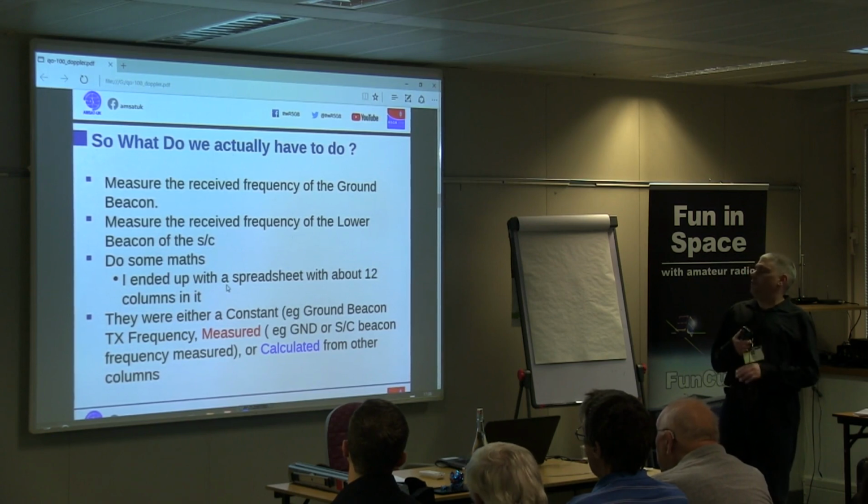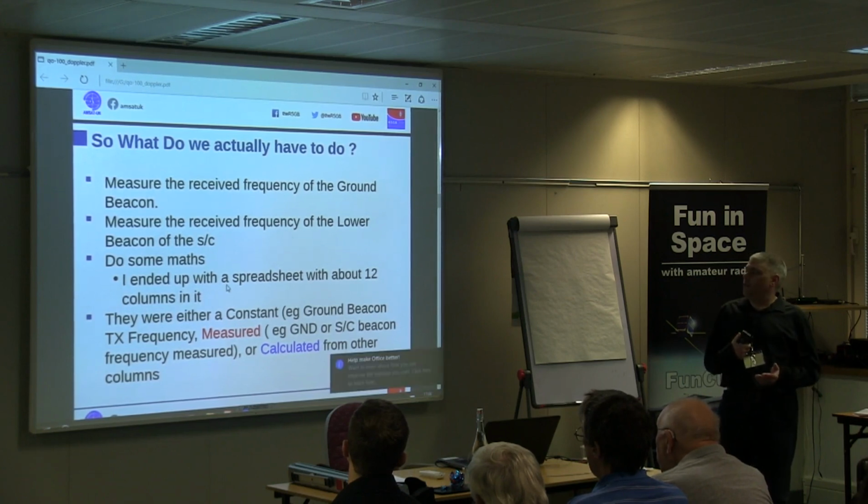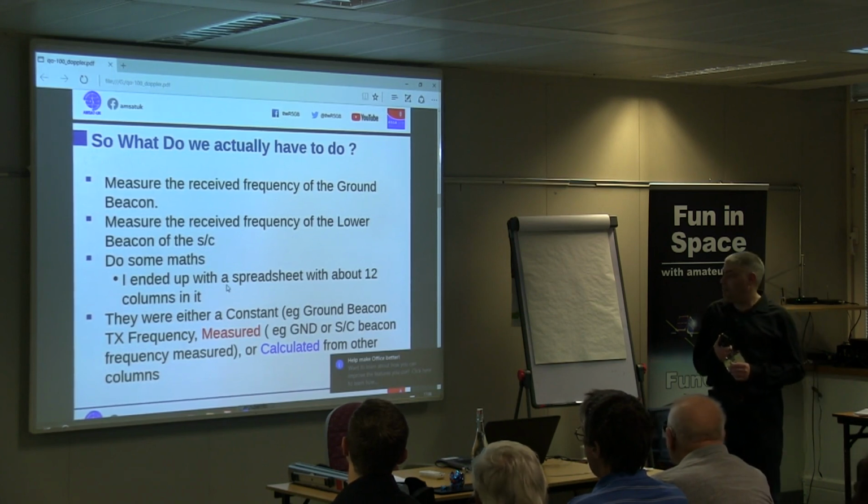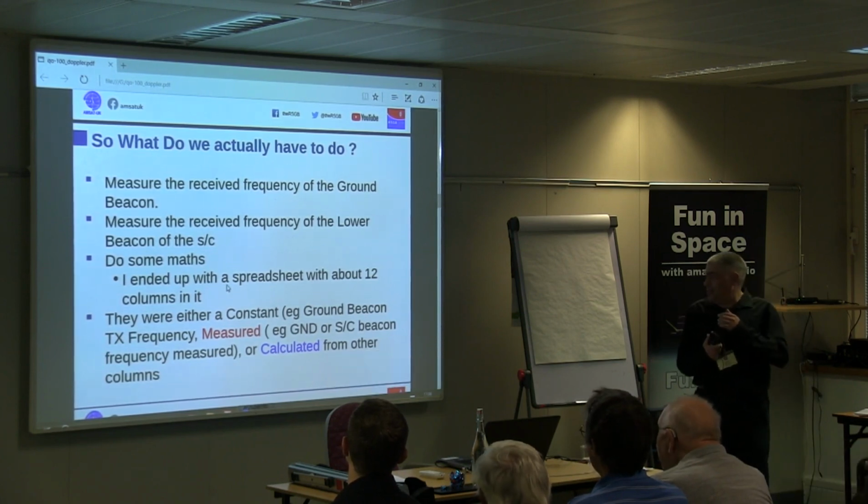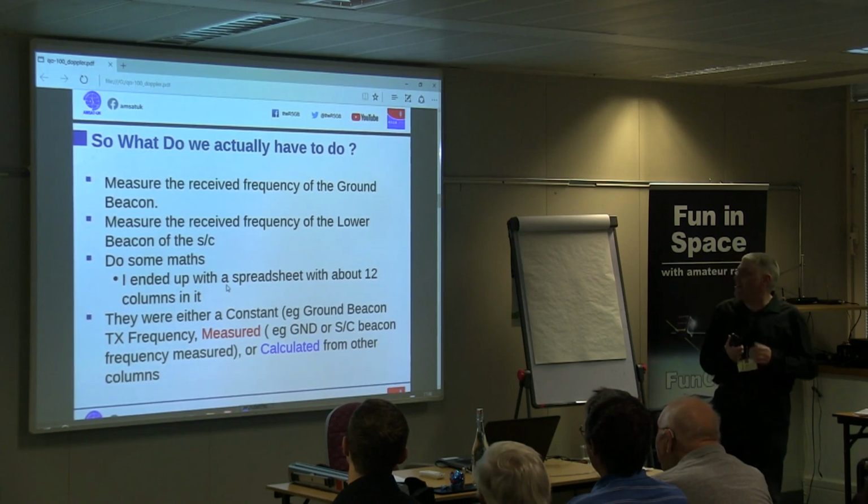Those columns were either a constant, i.e., for example, the ground beacon transmit frequency, blasted clippy. They were either measured, i.e. they were actually the frequency measured or actually received, or they were calculated from other columns.